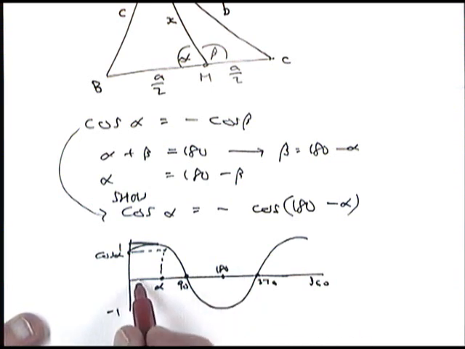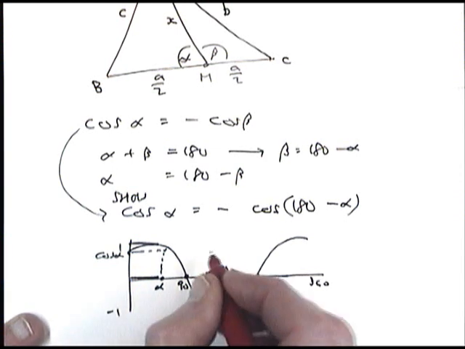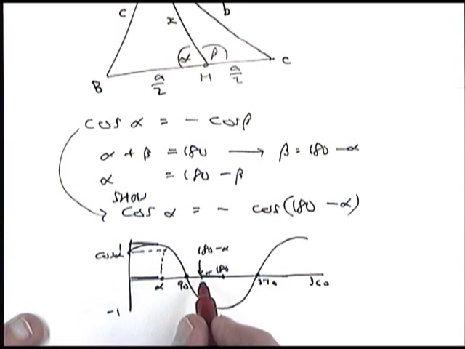180 minus alpha, well, if that distance there is alpha, by symmetry this distance here must be alpha. 180 minus alpha must be that point there, and cos of that, well, that part of the curve there is the same as that part of the curve there, the same sort of distance by the symmetry properties.